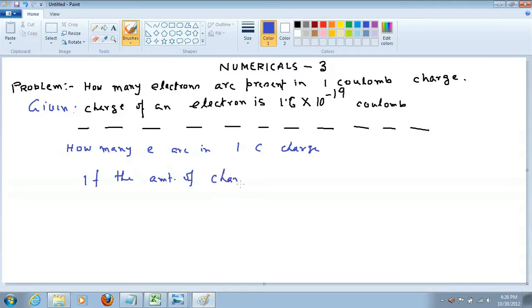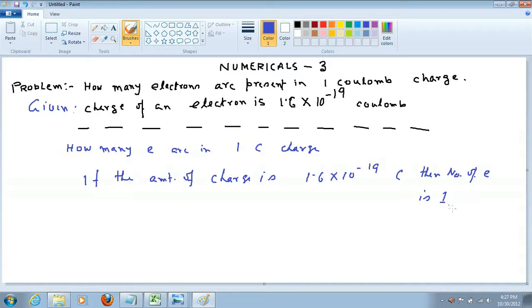See, if the amount of charge is say 1.6 into 10 to the power minus 19 coulomb, then how many electrons are there? The number of electrons is only 1, because that is the charge of an electron. So if the amount of charge is 1.6 into 10 to the power minus 19 coulomb, we have only 1 electron.